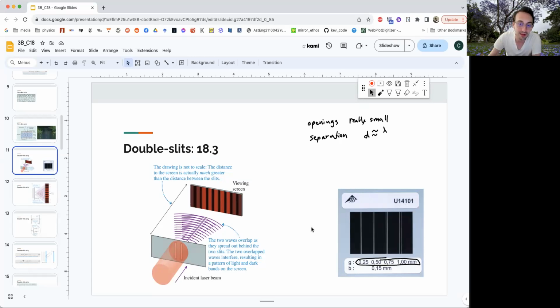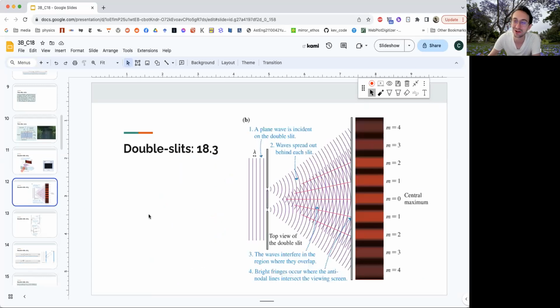But anyways, we can ask ourselves a very physicsy question: okay, I see this pattern, but how do I describe it in the language of math, right? That's what we've been doing throughout this class, noticing patterns in nature and asking, how do I describe this with math? So the first thing we want to do is draw a slightly better picture here.